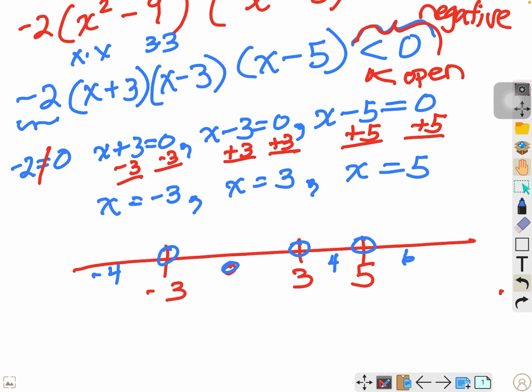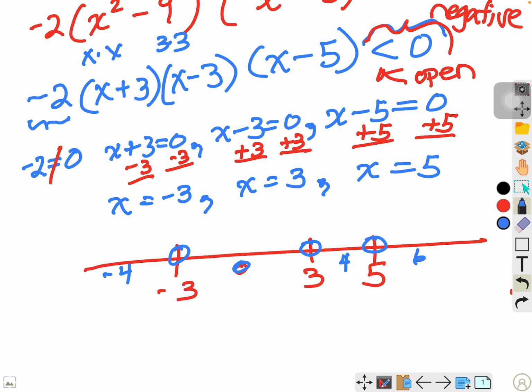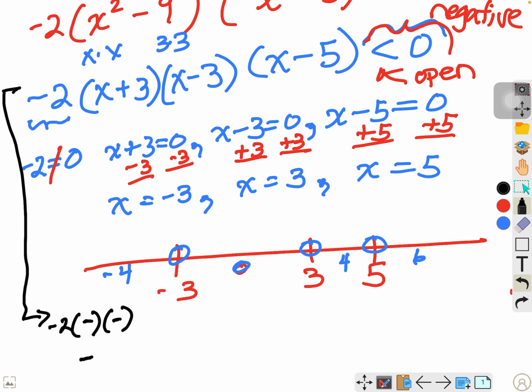So we have to consider the factored form here as we test. So we have negative 4 plus 3. Negative 4 plus 3, or 3 subtract 4, that's a negative. And negative 4 minus 3, that's a negative. And so we're going to get a negative result here.